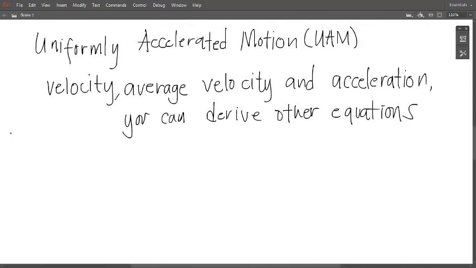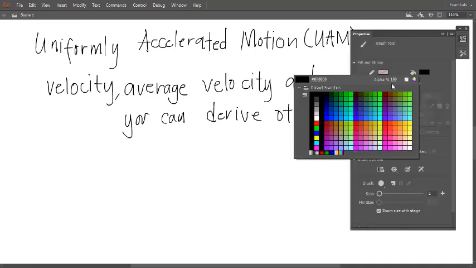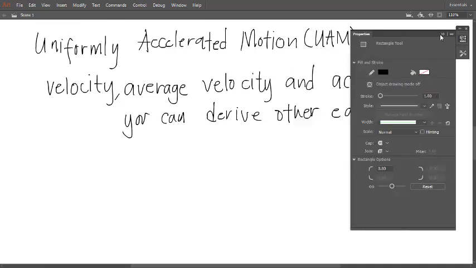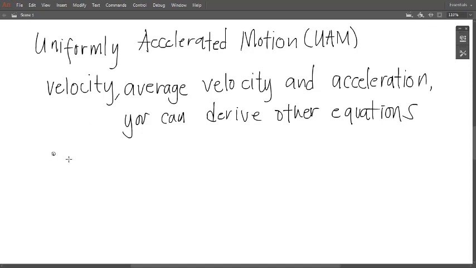So let's have first the equation A, which is for velocity.